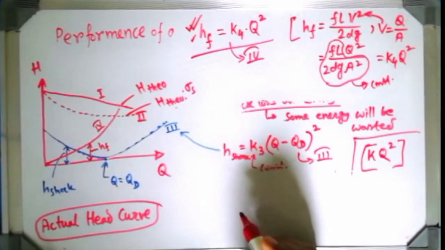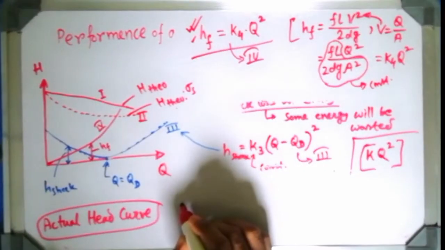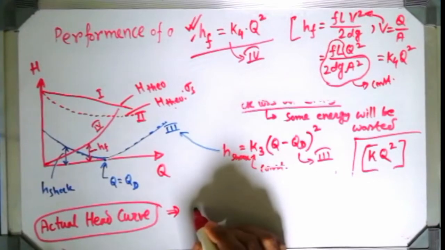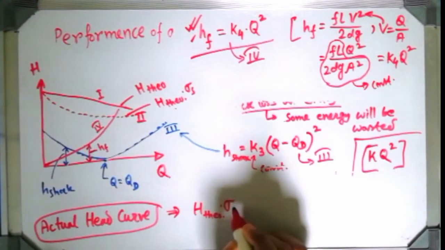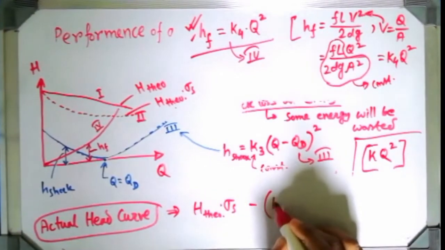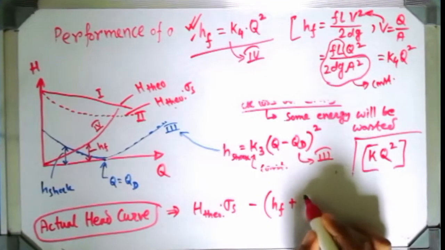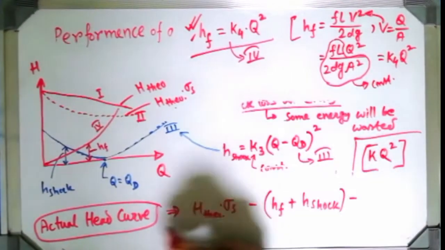If I eliminate HF and H shock from the H theo dot sigma part, then you will get this actual head curve.